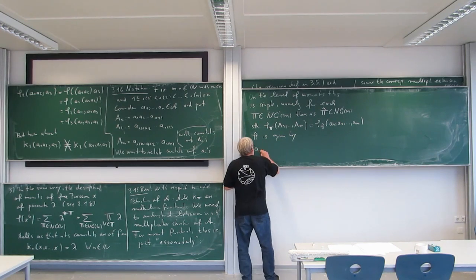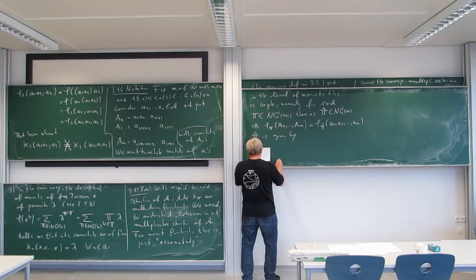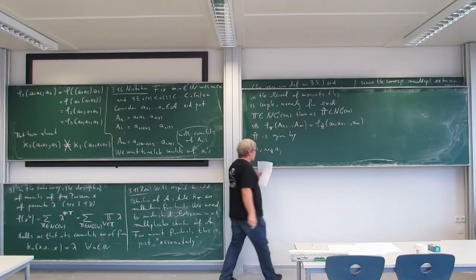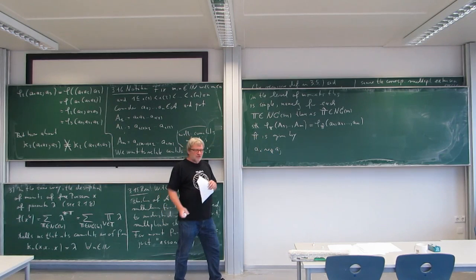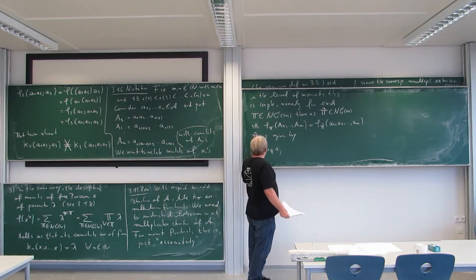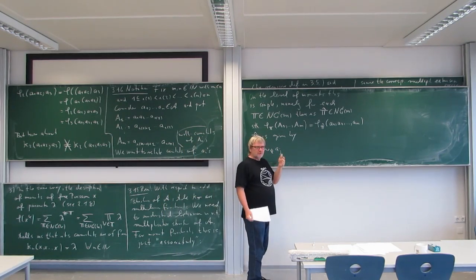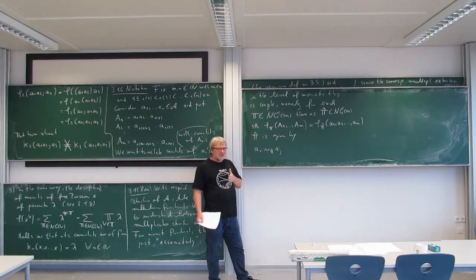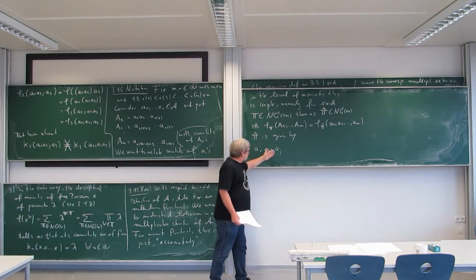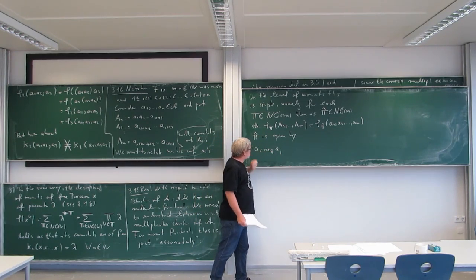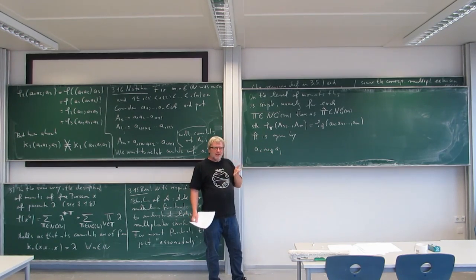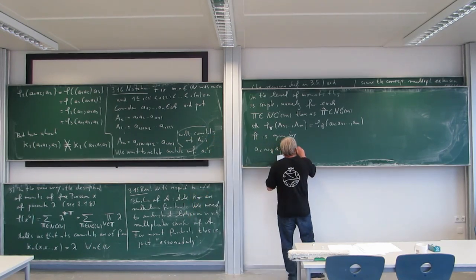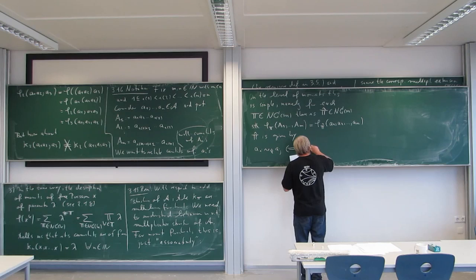So I should say when is a_i in the same block with respect to pi hat as a_j. Of course this happens if a_i is a factor in some product, a capital A_p, and a_j is a factor in a capital A_q, which might be the same, and these guys should be connected by pi hat if A_p and A_q are connected via pi.